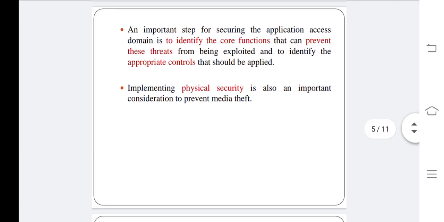An important step for securing the application access domain is to identify the core functions that can prevent these threats and to identify the appropriate controls that should be applied. Implementing physical security is also an important consideration to prevent media theft.